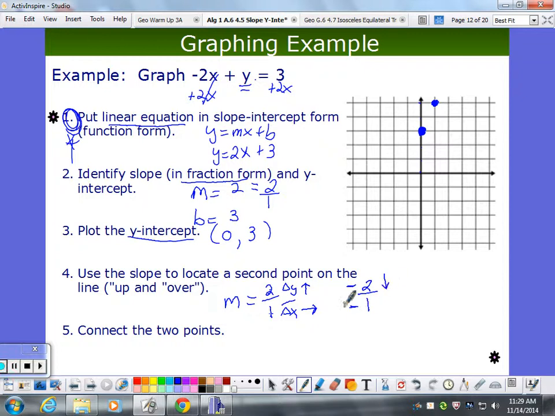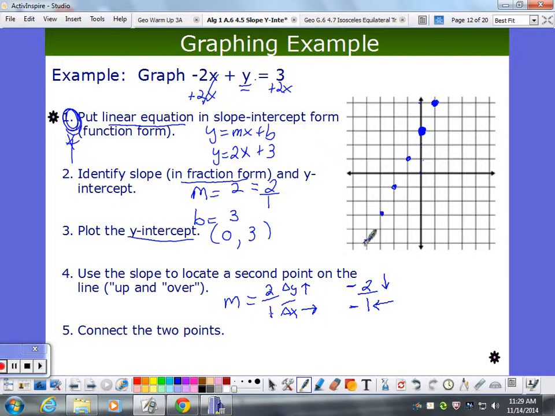And now I'm doing left or right. A negative is which direction? Left or right? So watch, I'm doing this because this says you can go down 2 and left 1. Going up and right is equivalent to going down and left. Down 2, left 1. Down 2, left 1.